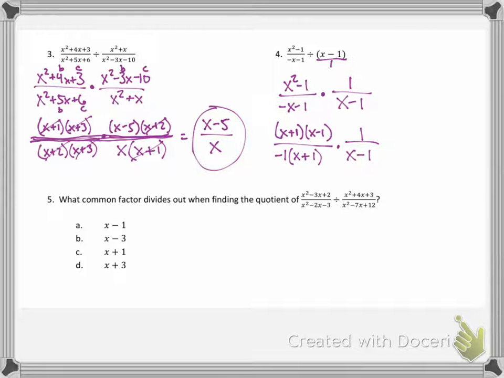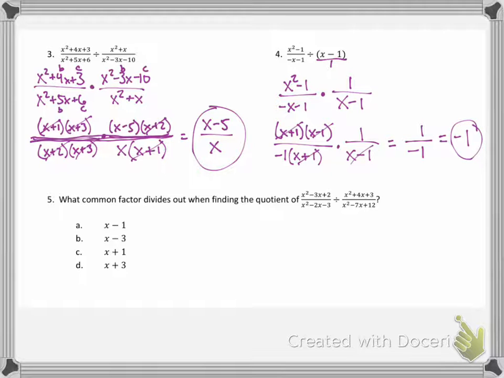The 1 is not going to break down, x minus 1 doesn't break down, so that's it. The x plus 1's cancel, and the x minus 1's cancel. That's why it was helpful to take the negative out with the denominator of the first fraction. So what that leaves me with is 1 over negative 1. That divides to negative 1. A lot of work to turn it into negative 1, but that actually simplifies down pretty nicely.